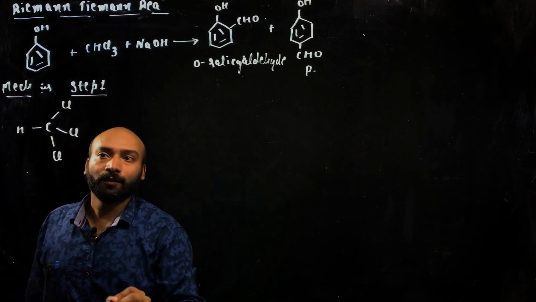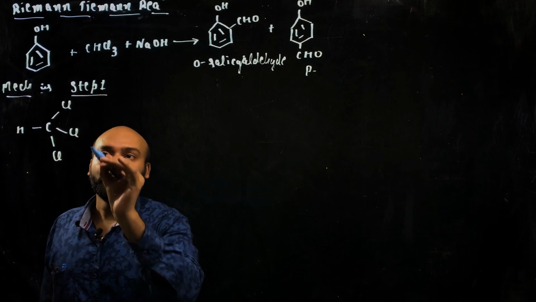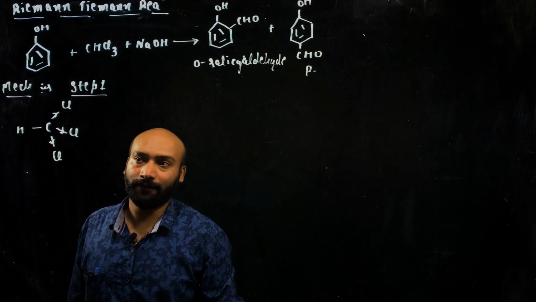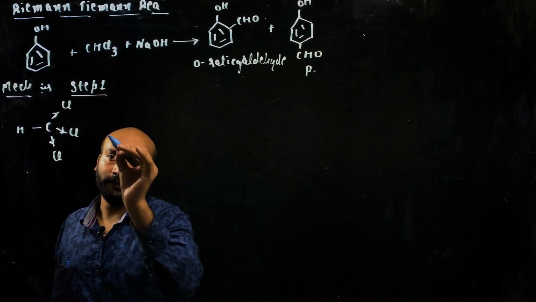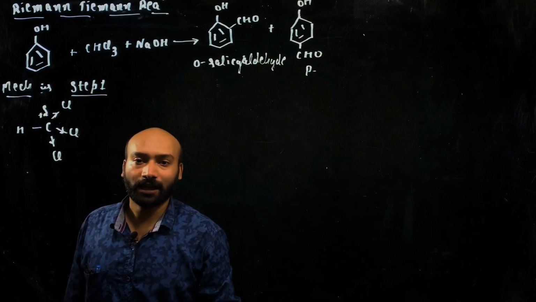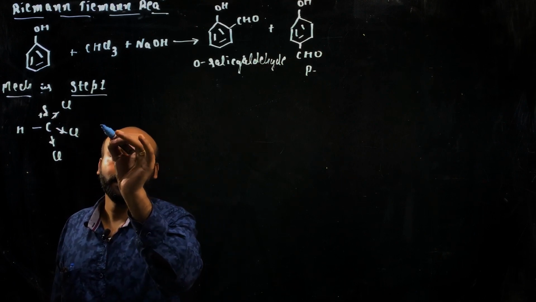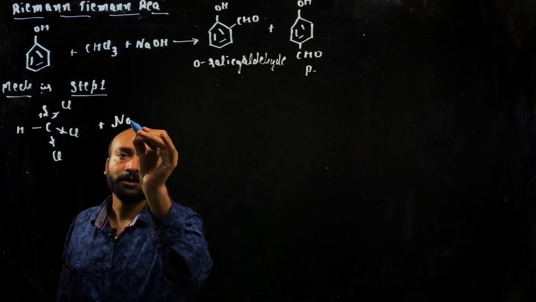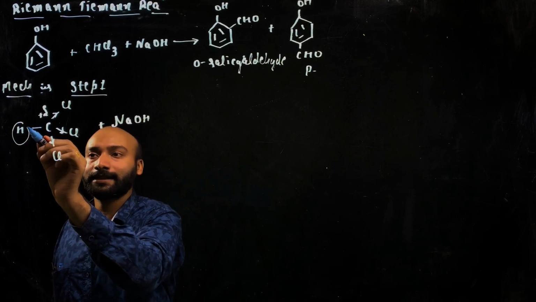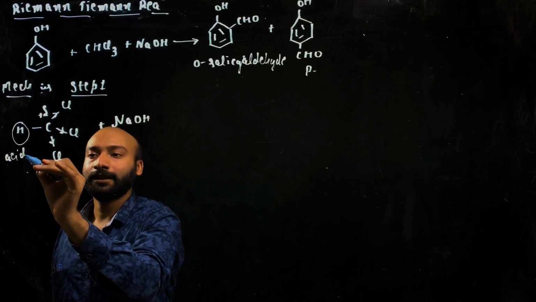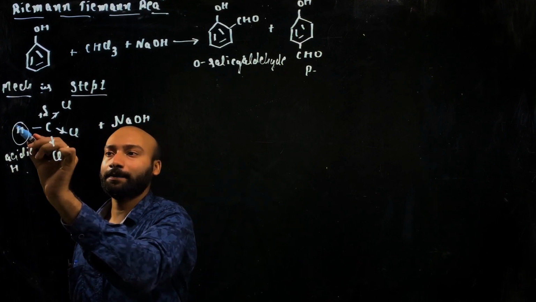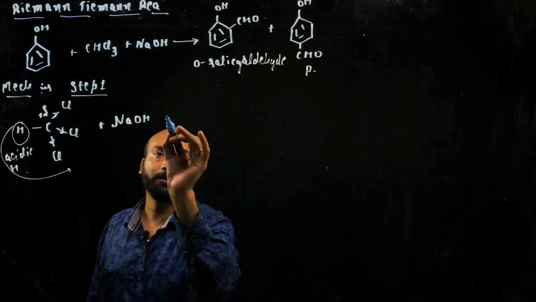and in chloroform we all know that Cl has a strong inductive effect. By this strong inductive effect, carbon acquires a very large partial positive charge, and in the presence of strong base, OH negative abstracts the acidic hydrogen.